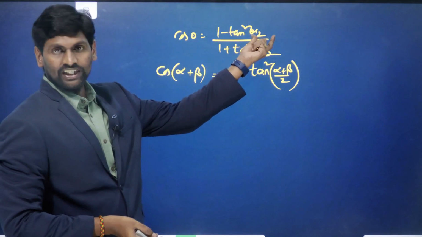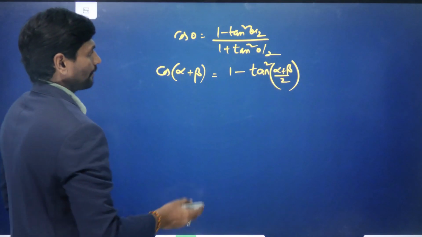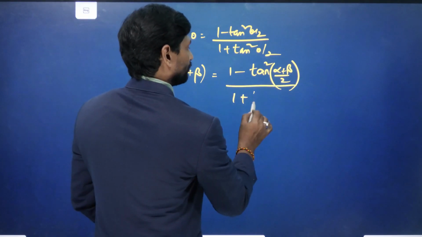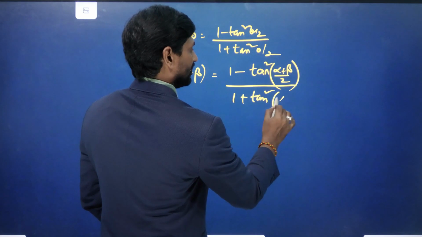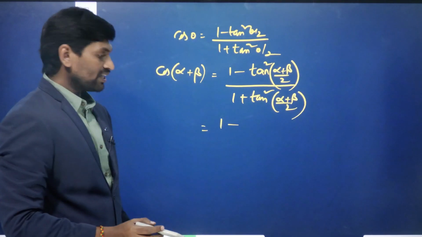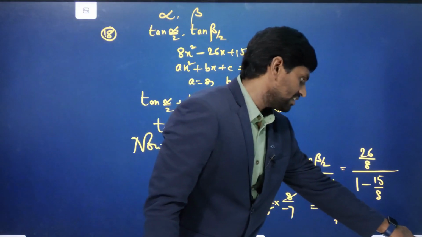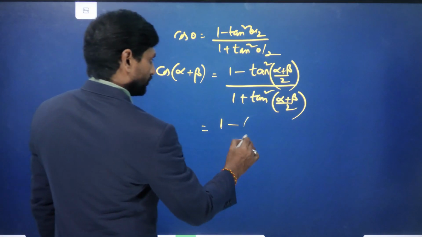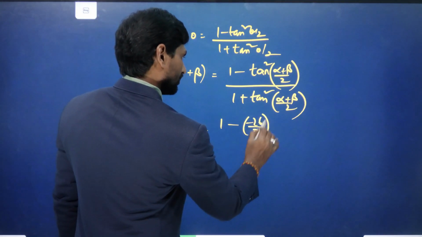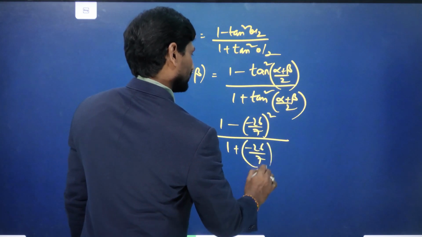Theta means theta by 2. Here alpha plus beta we have taken, so alpha plus beta by 2 will come, by 1 plus tan square (alpha plus beta) by 2. And the value of tan (alpha plus beta) we got is minus 26 by 7. So minus 26 by 7 whole square by 1 plus minus 26 by 7 whole square.